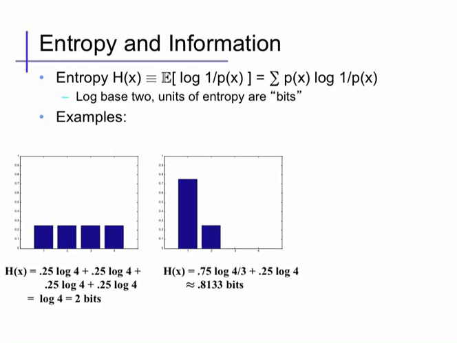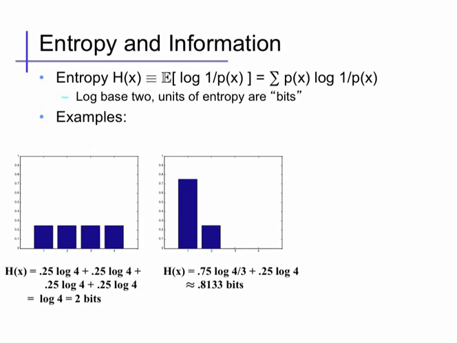Here's another example where x also has 4 outcomes, but 2 of these outcomes, outcomes 3 and 4, have 0 probability. Outcome 1 has probability 0.75, and outcome 2 has probability 0.25. Now, following the same formula, we use the convention that 0 log 0 is 0, and we compute that the entropy is 0.75 times log of 1 over 0.75 plus 0.25 times log of 1 over 0.25, and the other terms are 0.